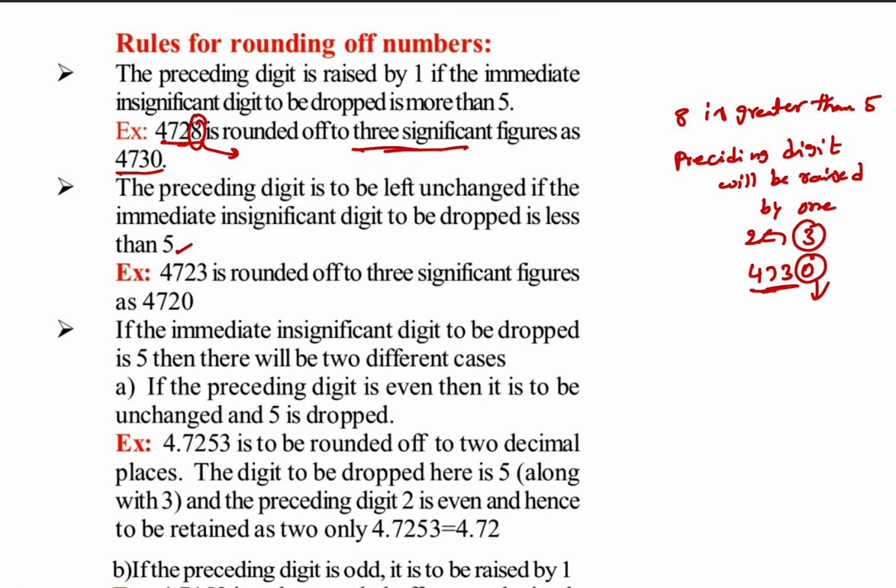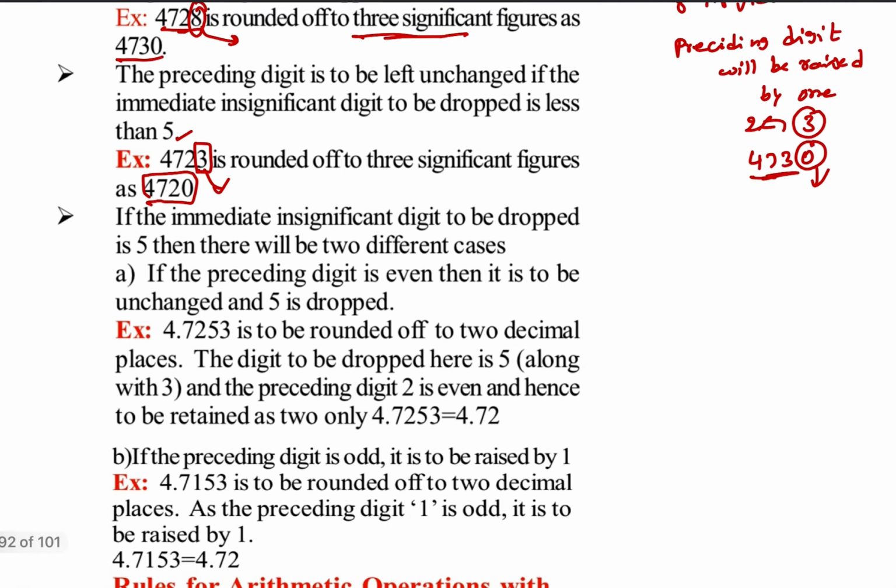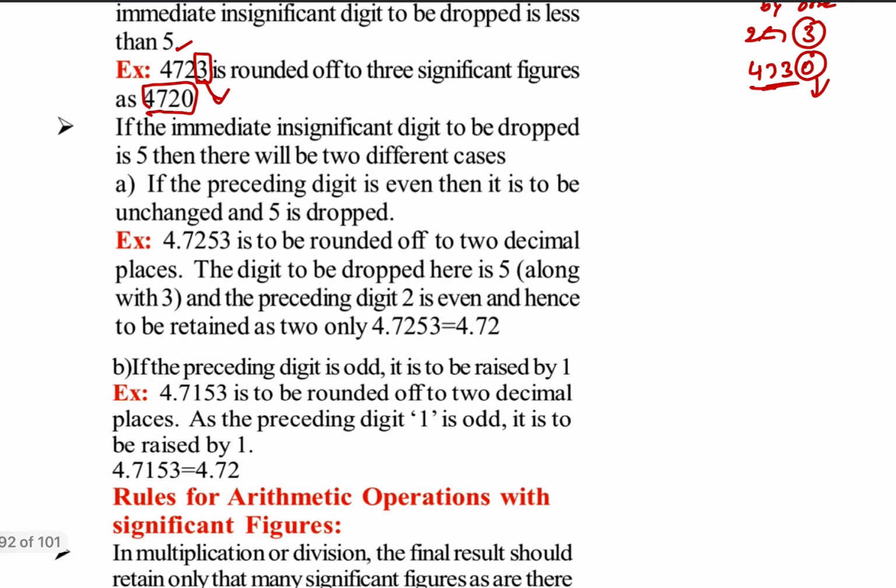Similarly, the preceding digit is left unchanged if the immediate digit to be dropped is less than 5. Suppose now the digit you want to drop is 3. 3 should be dropped to get the 3 significant figures. 3 is less than 5. So you can get 4720. So now 472 is the number; actually you can write 4720.